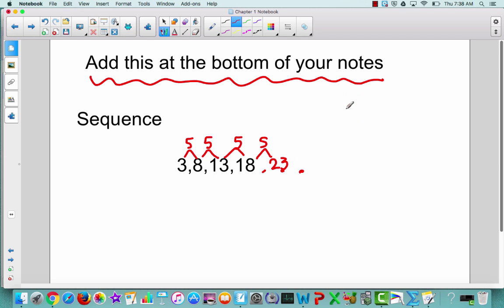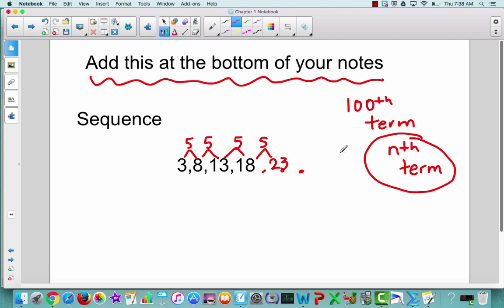But what if I asked you for the 100th term in the sequence? Then you'd need to figure out an expression that represents it. Sometimes when I ask you for a term, I will ask you for the nth term. If I ask you for the nth term, all I'm asking for is an expression or formula that represents this sequence. That's all that means, so don't let that panic you.